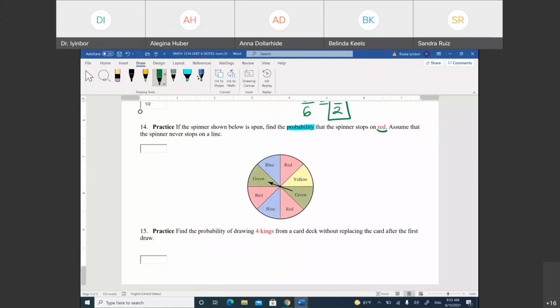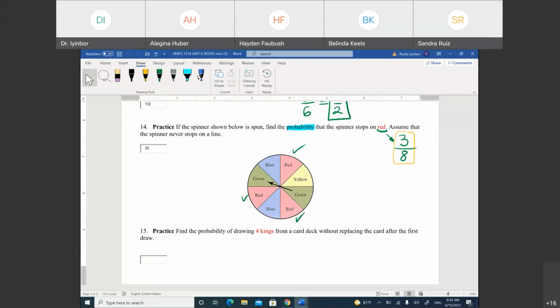How many red segments do you have? 3. What is the total number of segments? 8. So that's your probability, 3 out of 8. Everybody understand that? So the answer is 3 out of 8.